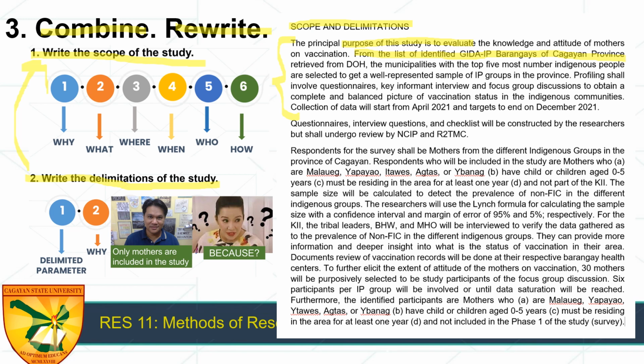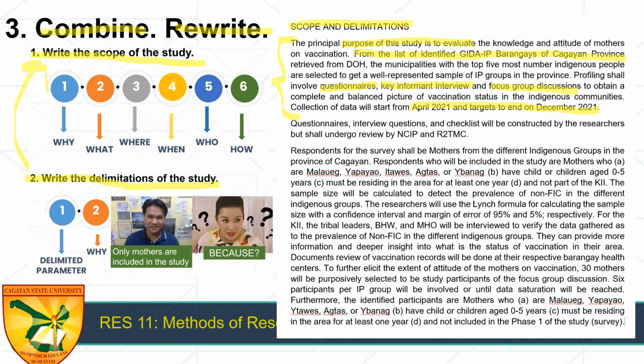And then the scope and the limitations in terms of your protocols, involving questionnaires, key informant interviews, and focus group discussions, and also your when. So you will see here your why, what, where, when, who, and how.